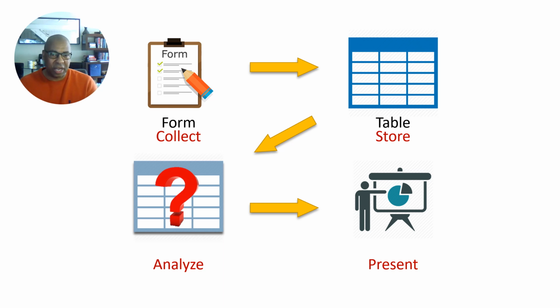Now, I'm going to distinguish here. When I say store data in a data table, that is different than what sometimes looks like a data table, which is where you're doing all of your analysis. Your analysis is actually being done in a data query, but sometimes a query and a table will look very much alike, in the sense that they both have rows and columns.